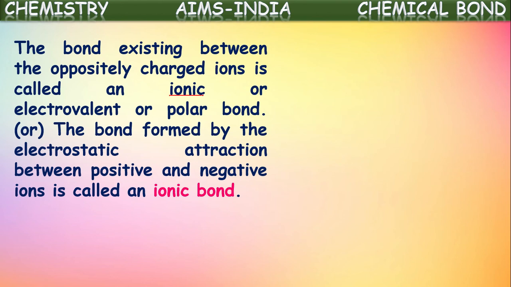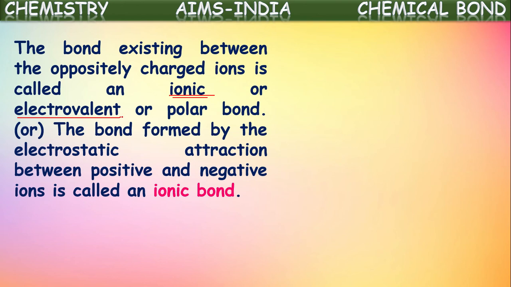One, it is called ionic bond because this bond is existing between the oppositely charged ions. At the same time, this is formed between the two oppositely charged ions, which are formed by the transfer of electrons, electrically charged ions. That is why it is called electrovalent bond also.